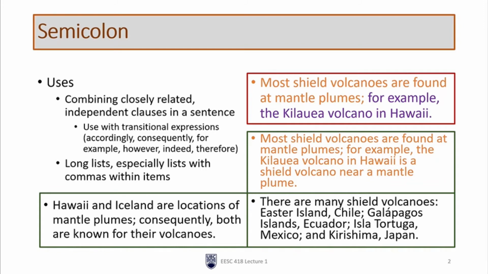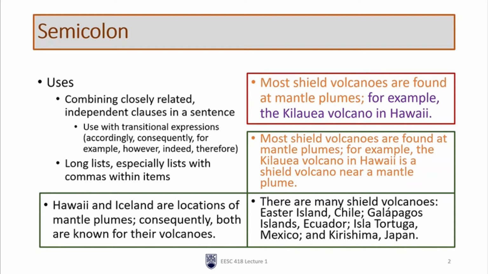Another common use of semicolons is for long lists, shown in the bottom right. And you can see here that I've listed a few shield volcanoes, and each of these list items has a comma within it. So if I were only to use commas to separate this list, it would actually get pretty confusing because you would not really be able to tell whether Easter Island, Chile is two separate items or a single item.